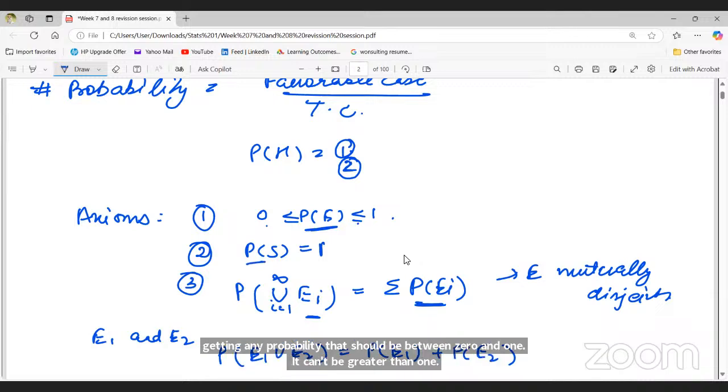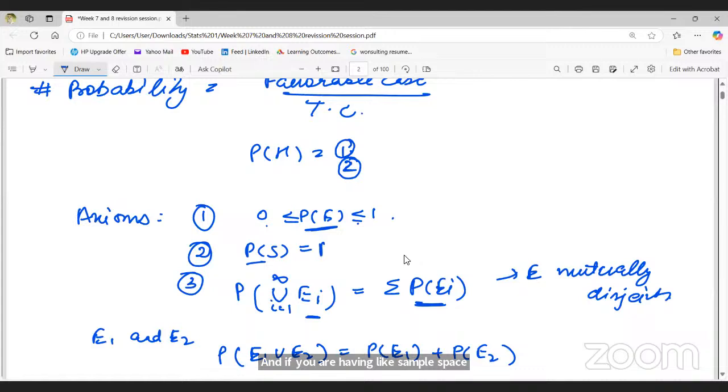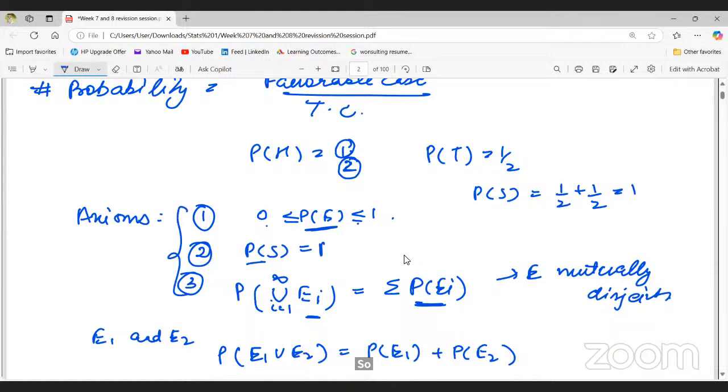And if you have a sample space, say I'm tossing a coin, the probability of head is 1 by 2 and the probability of tail is 1 by 2. So the probability of the total sample space would be 1 only, that is 1 by 2 plus 1 by 2, which is 1. So these are some of the conditions that you should remember in probability.